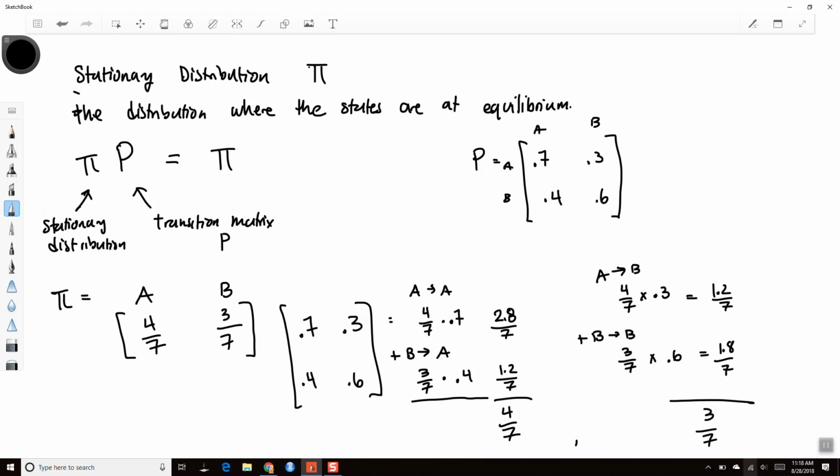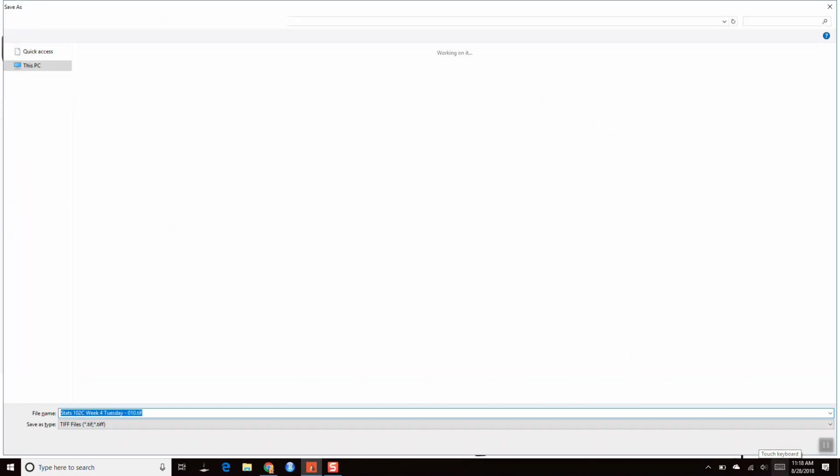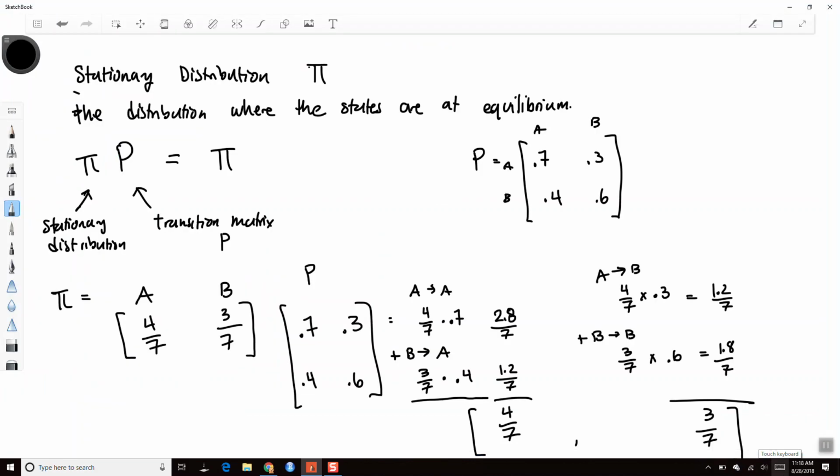This ends up being 1.2 over 7, and here I got 1.8 over 7, and this also totals out to be 3/7. So what we see is that pi, our stationary distribution, multiplied by our transition matrix P, ends up having the same distribution afterwards, of pi, 4/7 and 3/7.